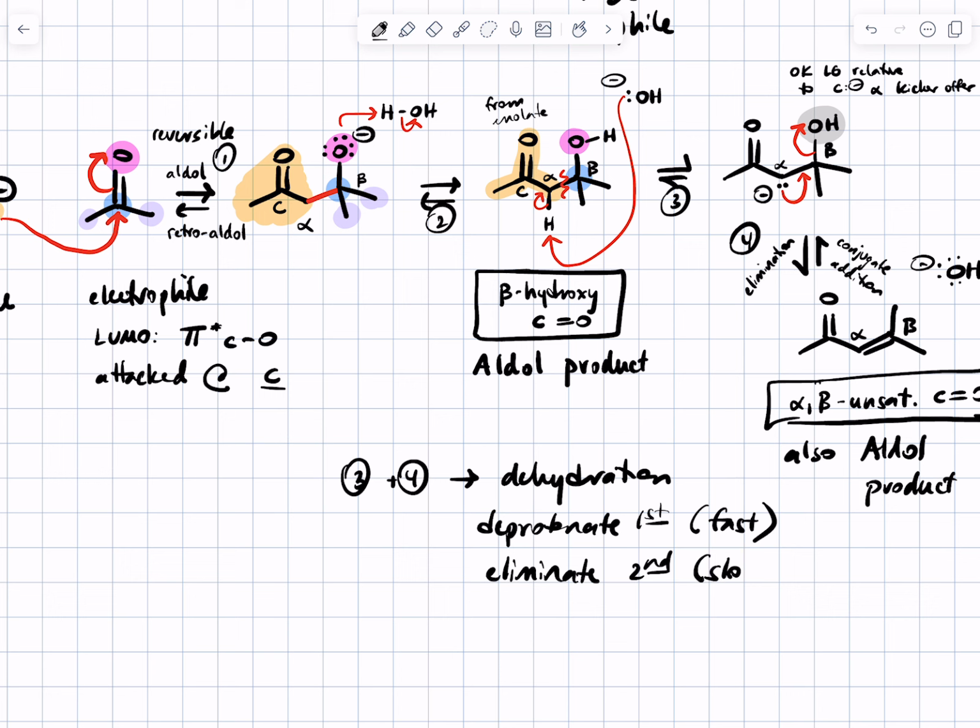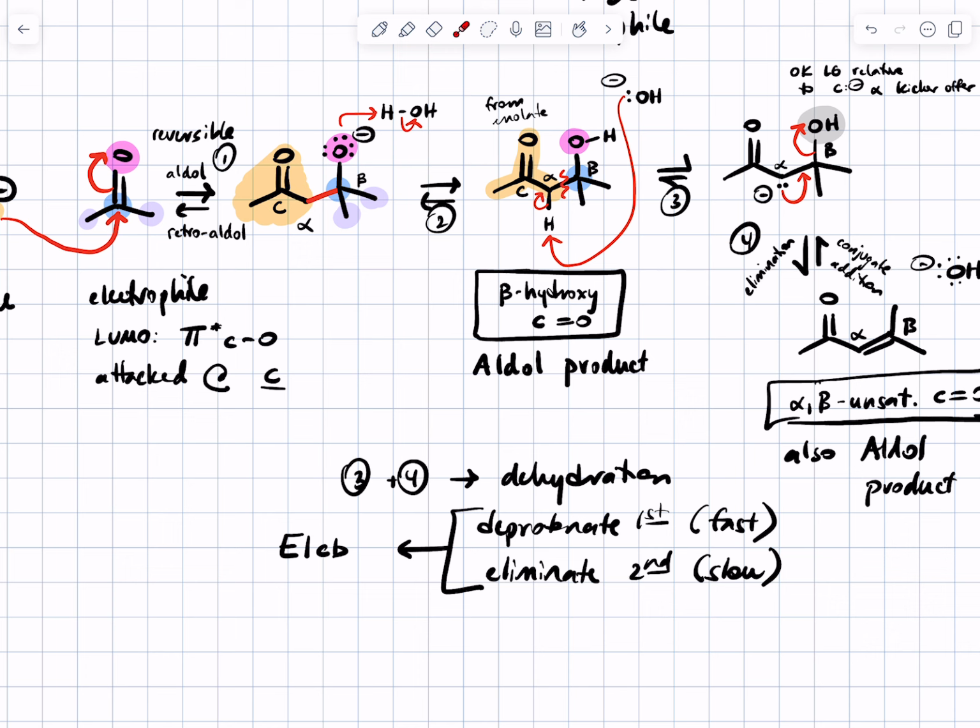and generally that's slow. This isn't really important to anybody other than OChem nerds, but I will probably use the term in the future. We call this an E1CB reaction. People study these reactions, and if you study the mechanism of this elimination reaction, it turns out it's unimolecular in the concentration of beta hydroxy carbonyl compound, meaning how much base you add doesn't matter. It doesn't accelerate the reaction. So it's an E1 reaction.